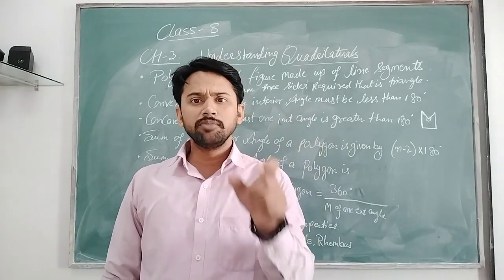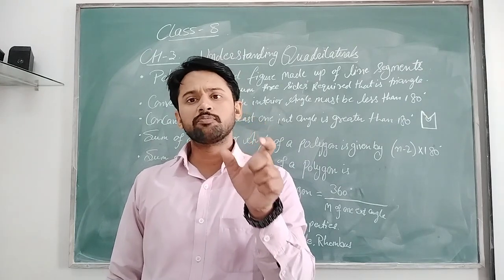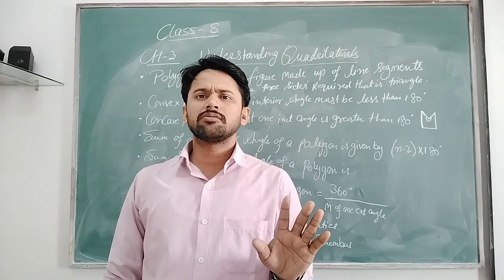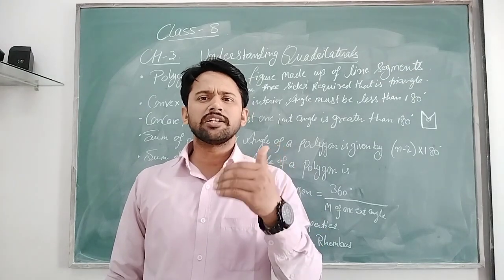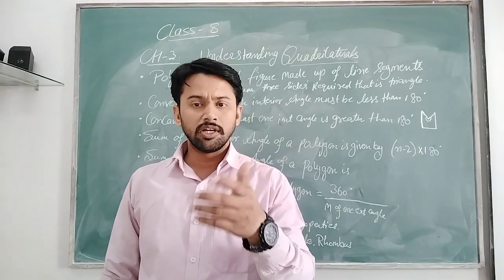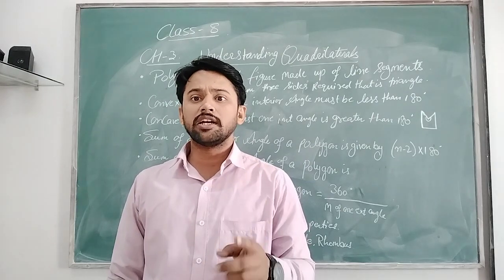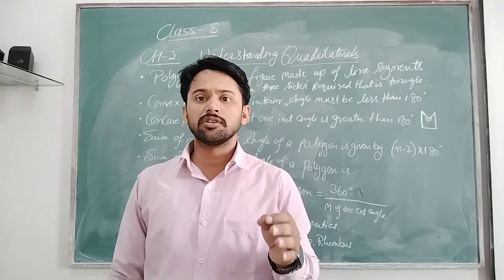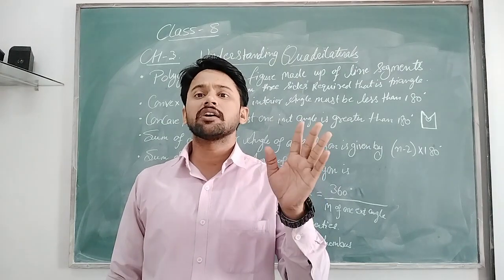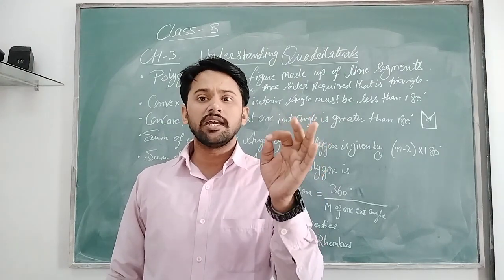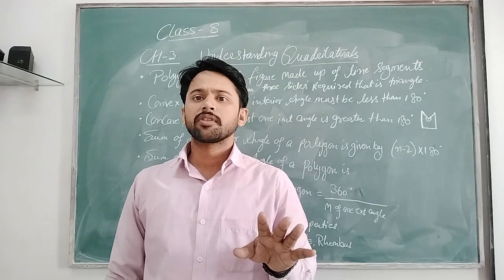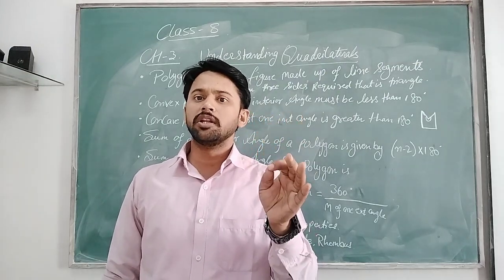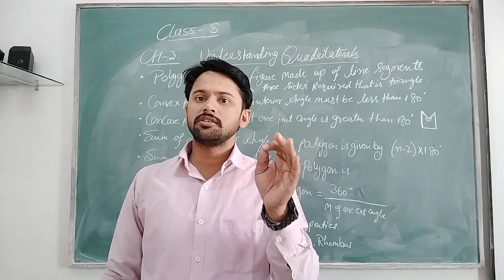Just have an example. What can be the minimum angle of a polygon? Regular polygon, that must be. So sir, the minimum sided polygon is a triangle, and if that is regular, then that will surely be an equilateral triangle. And what is the measure of the interior angle of an equilateral triangle? Sir, each angle is 60 degrees. So the maximum interior angle possible is 60 degrees.